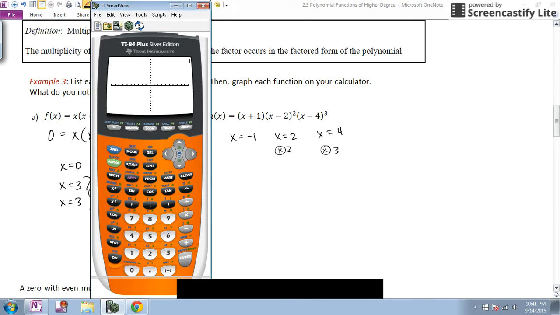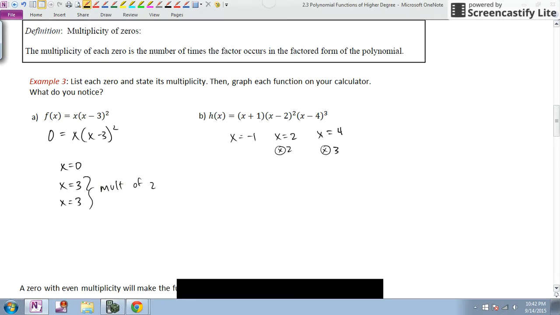And if I hit graph, notice we see it go through -1, we see it go 2, and we see it go through 4. But notice what happens. At -1, it went through the x-intercept. At 2, it bounced off. And at 4, it went through again, but kind of a little zigzaggy before it went through. Again, because of the multiplicity.